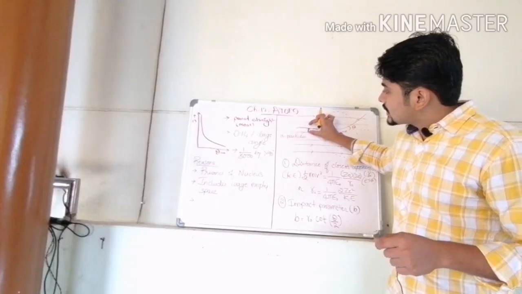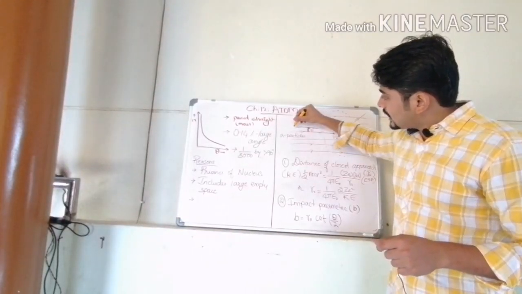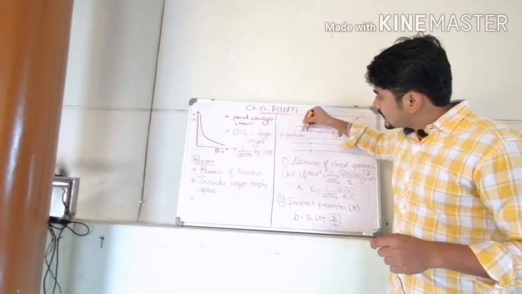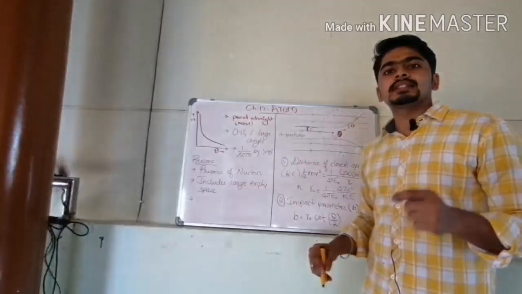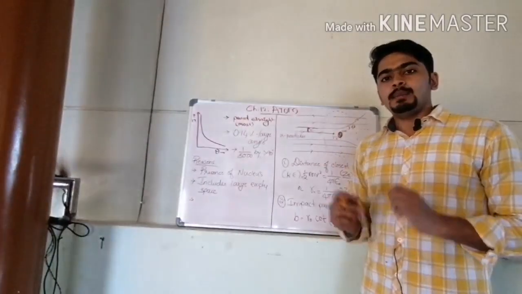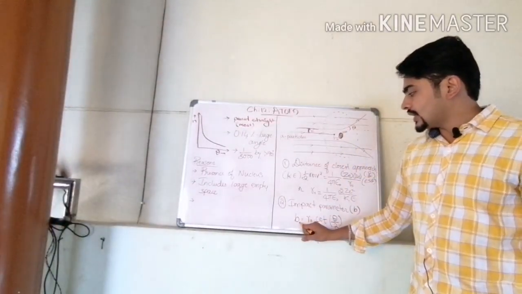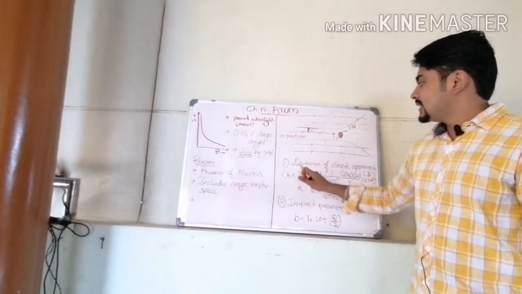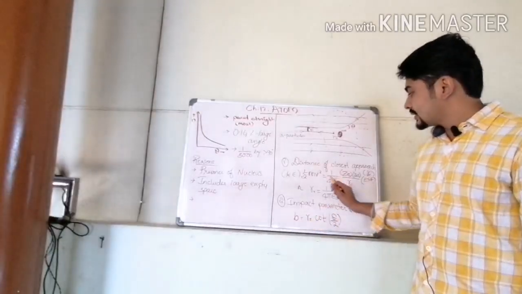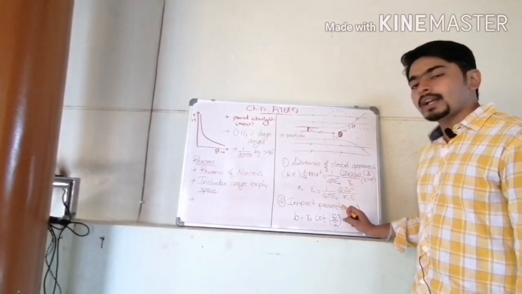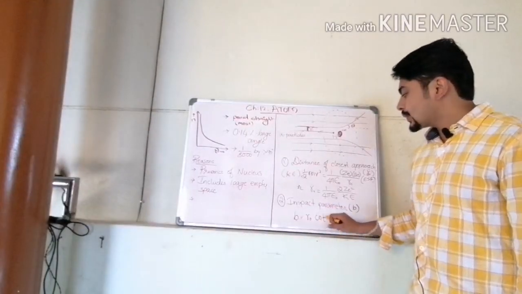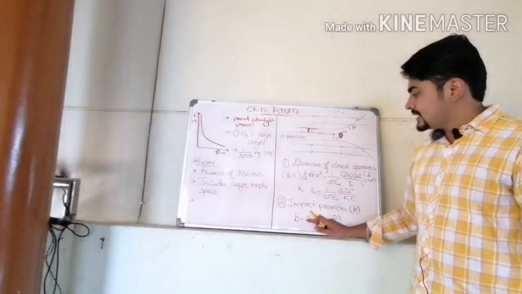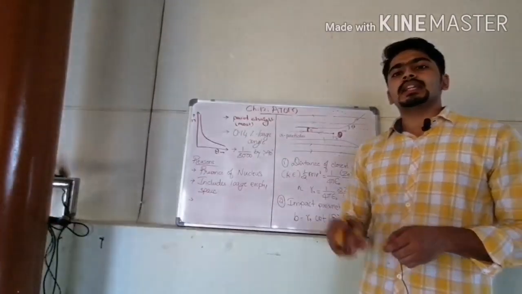This perpendicular distance between the initial velocity vector and the center of the nucleus is called the impact parameter. Mathematically, b is equal to r0 cot theta by 2, where r0 is the distance of closest approach, that is 1 by 4 pi epsilon naught, 2 z square by kinetic energy, into cot of theta by 2. This means the impact parameter depends on the scattering angle.